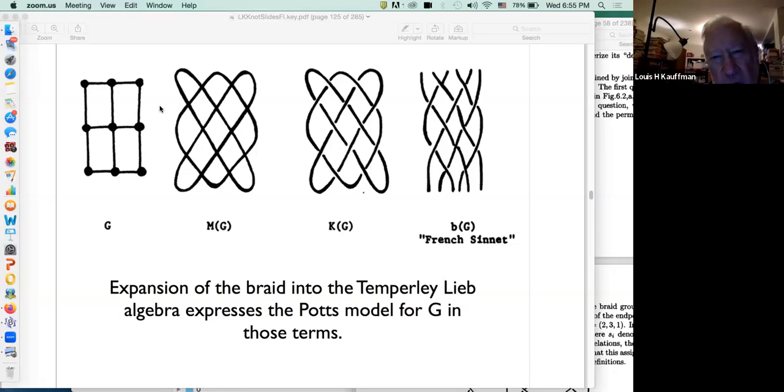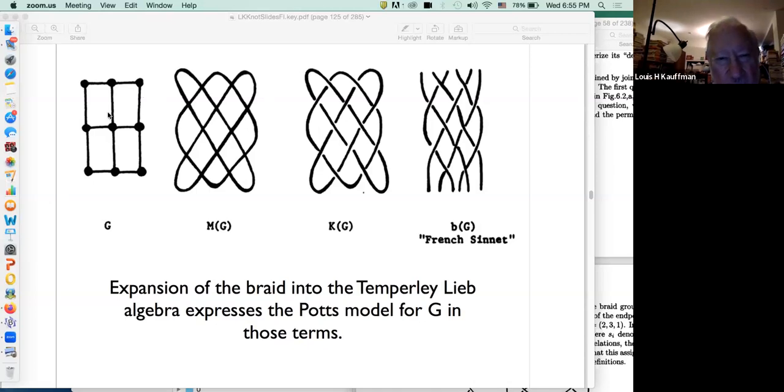And you can also, in many cases, take the graph and break it at top and bottom into a braid, and then you can use the Temperley-Lieb algebra to understand the partition function. And when you use our diagrammatic Temperley-Lieb algebra, expanded from the bracket, to study this partition function, you are doing what Temperley and Lieb did, but in a different way of formulating it.